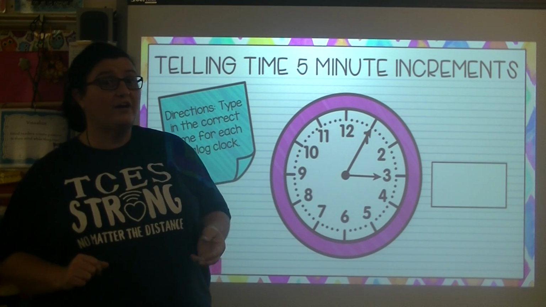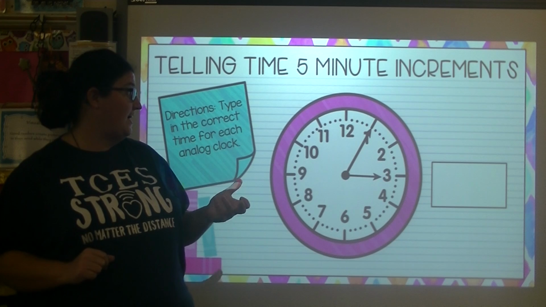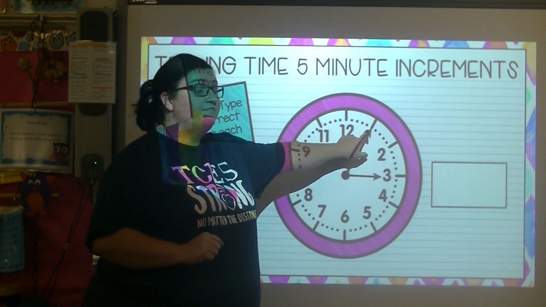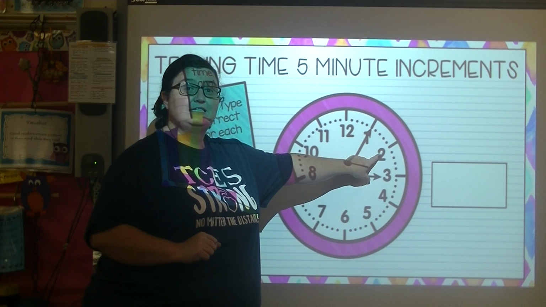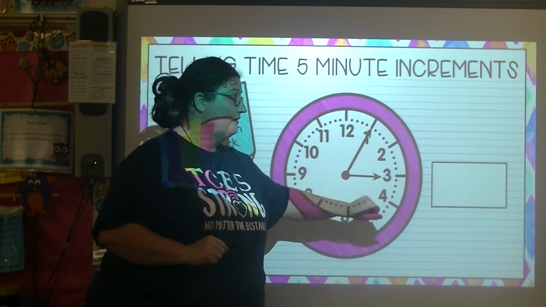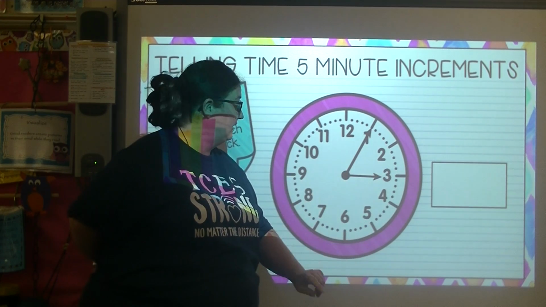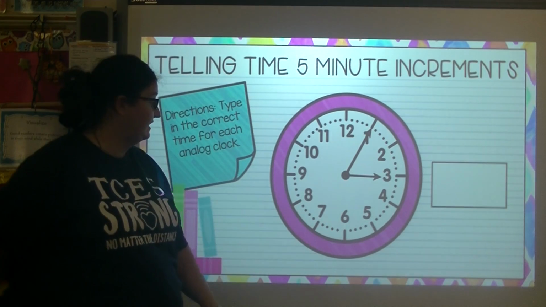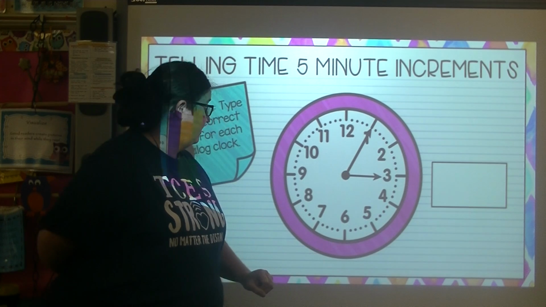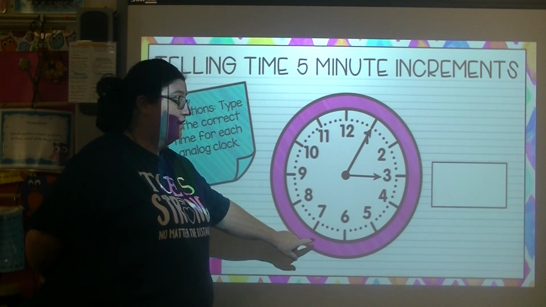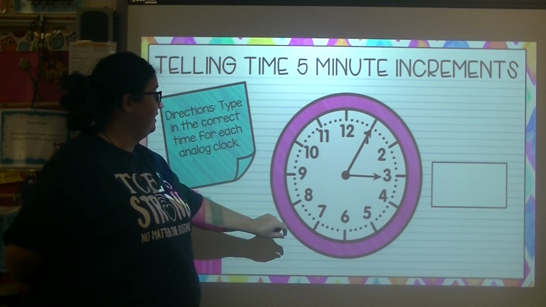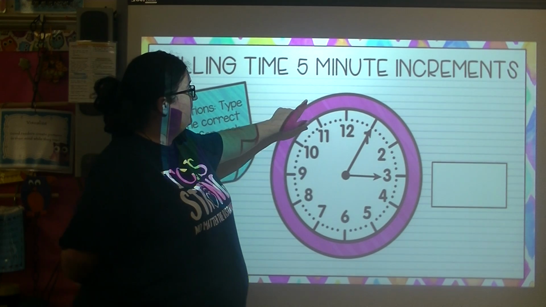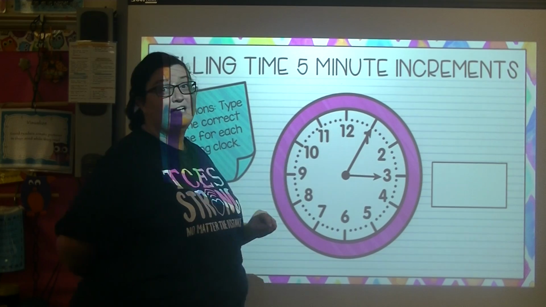So we can count those by 5s. So the 1 stands for 5 minutes, 10, 15, 20, 25. We already know that the 6 stands for 30, 35, 40, 45, 50, 55, 60.